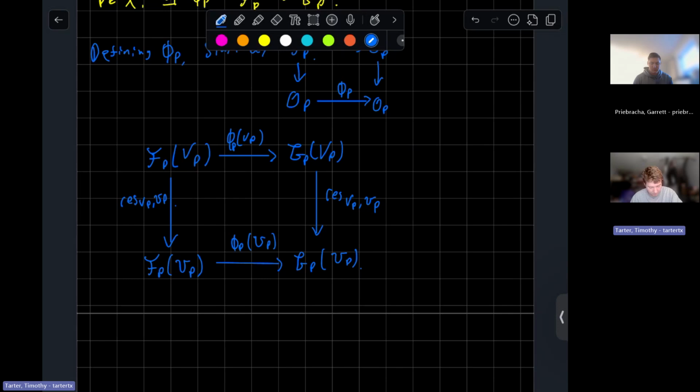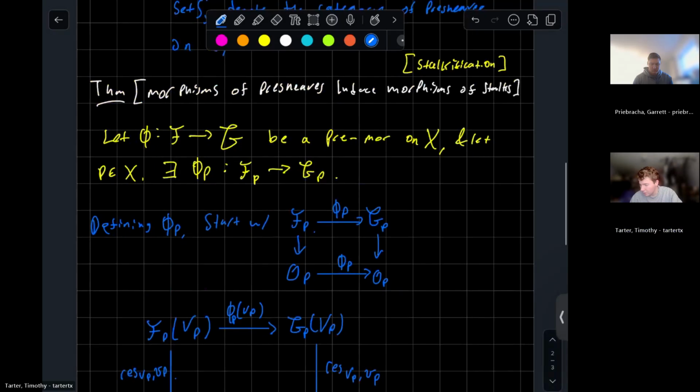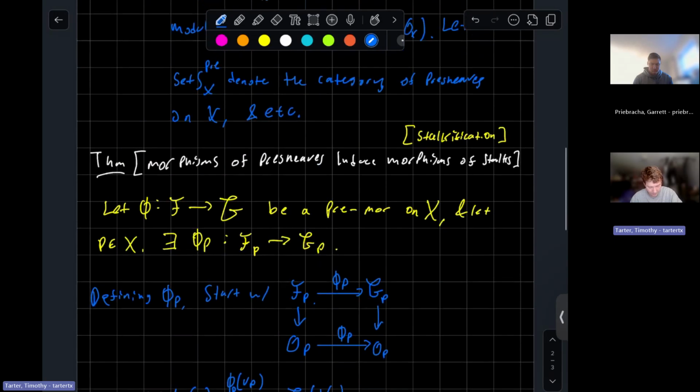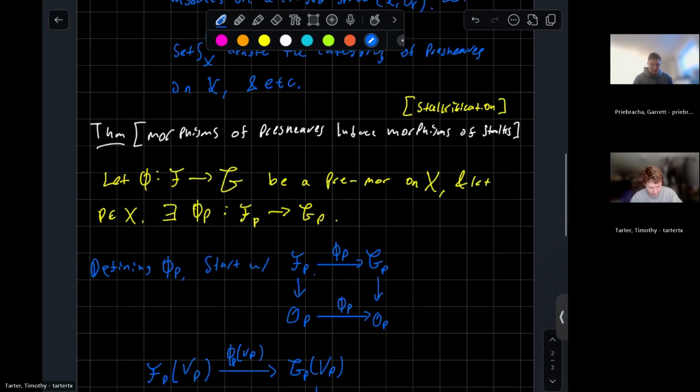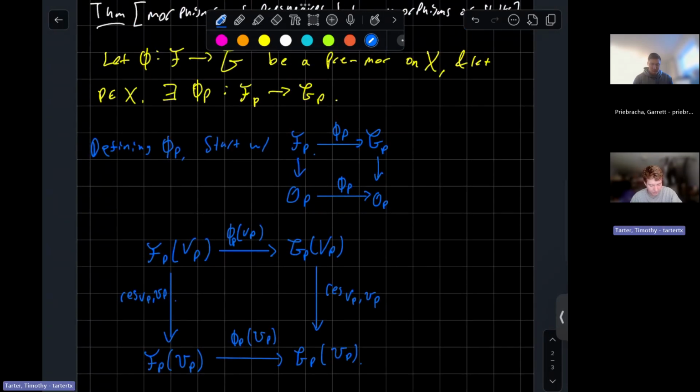This seems pretty much self-defining. I don't know, I feel like then that's okay. Like it just sends the stalk at P of V to the stalk at V of P in both sheaves.